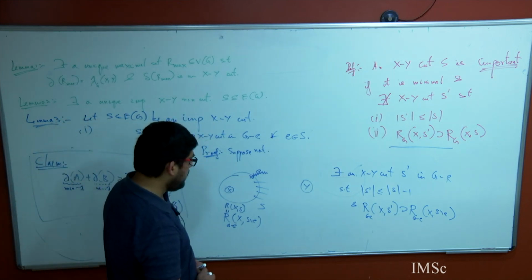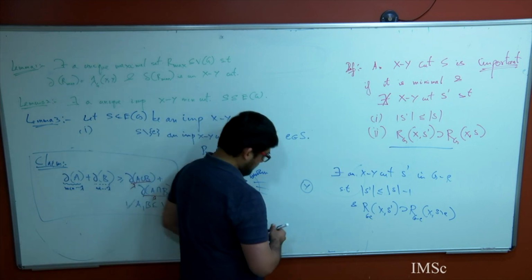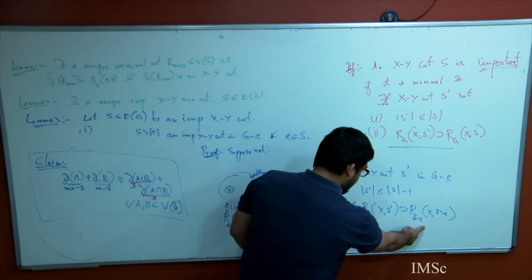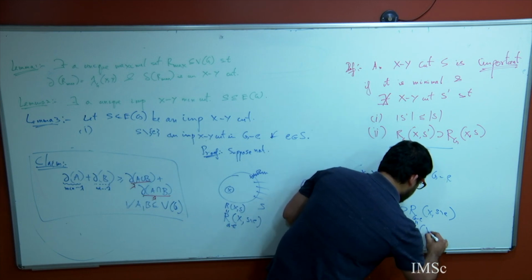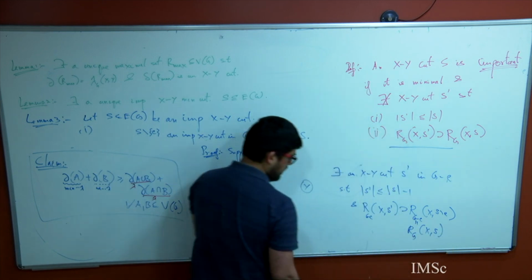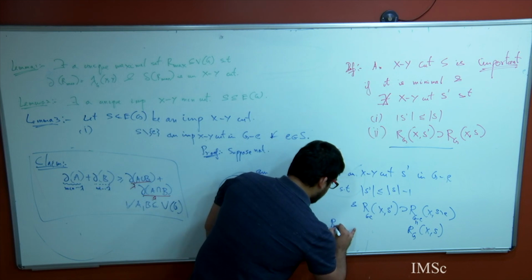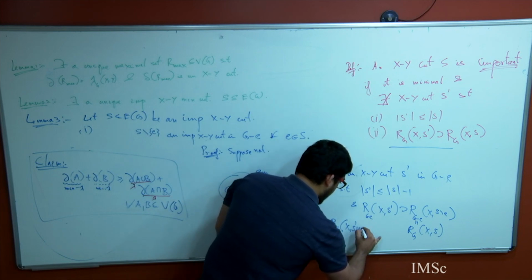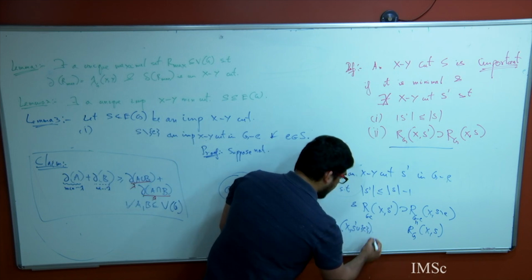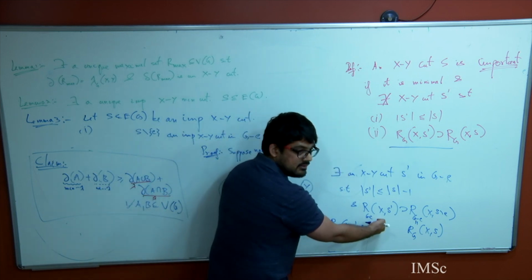And what am I left with? Well, this we already agreed is the original reachability set. And the reachability set in G of S prime union E, well, it can't be any less than this.